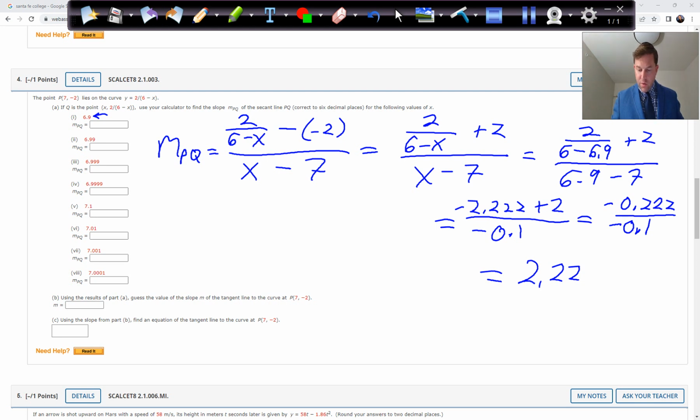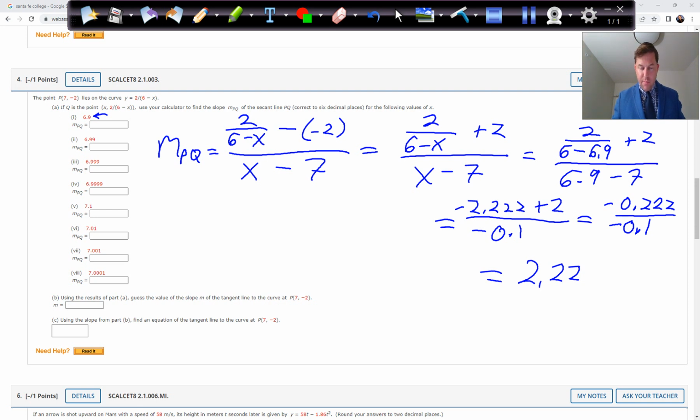Plus the 2, this leading 2 and this leading 2 will cancel, so you just get negative 0.222. And then 6.9 take away 7 is negative 0.1. If you divide those two, the negatives cancel. Whenever you divide by a tenth, you just shift the decimal one to the right. So it becomes positive 2.22.